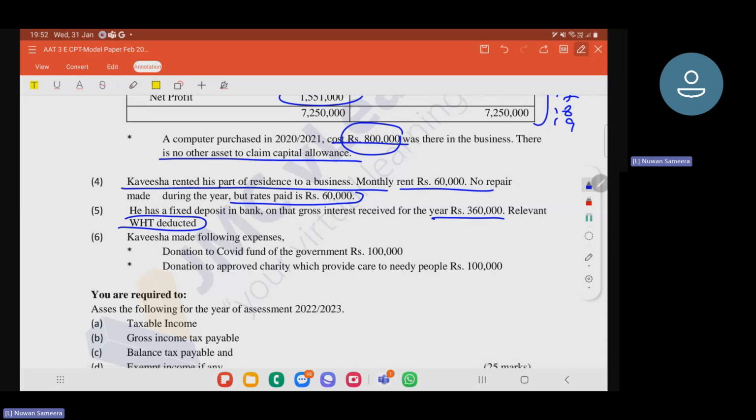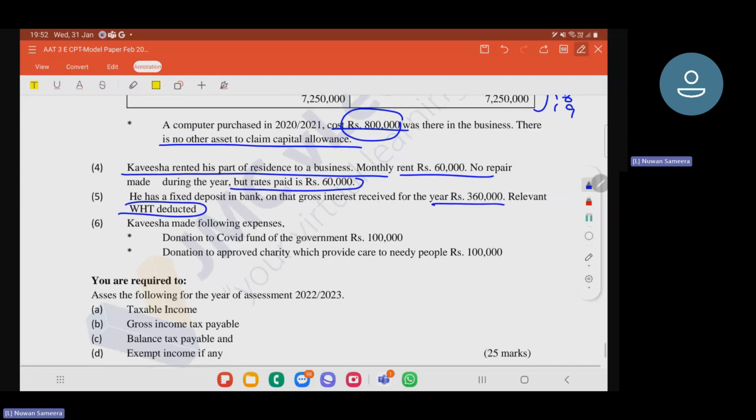If you receive any dividend after deducting withholding tax, that means if you receive the net dividend, the withholding tax paid on dividend is not a normal withholding tax.